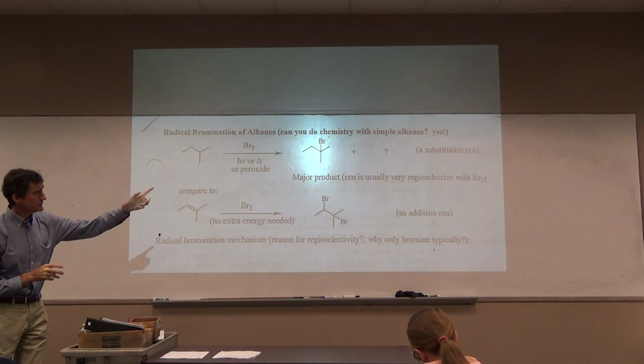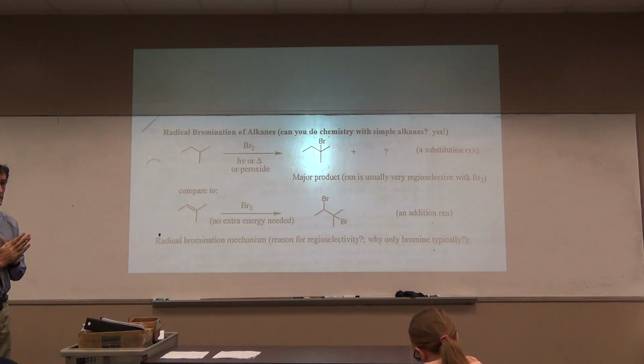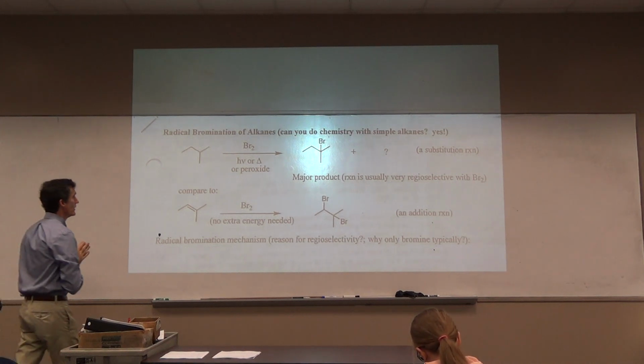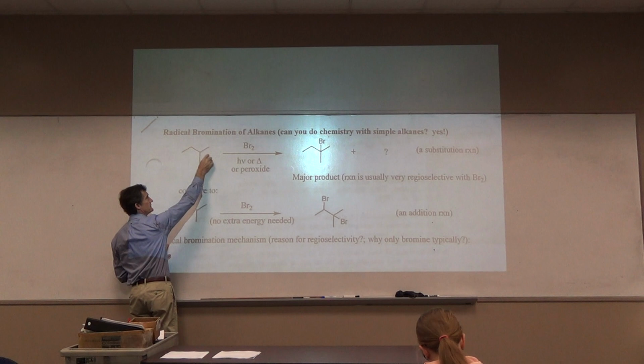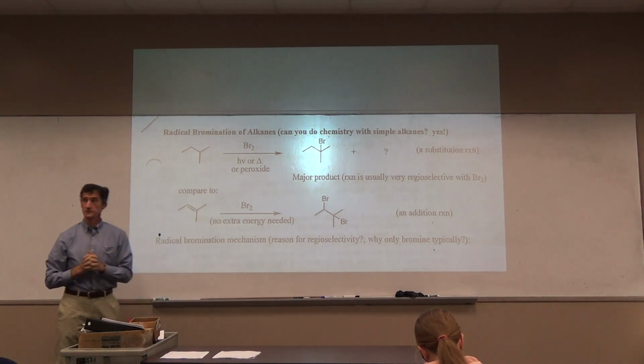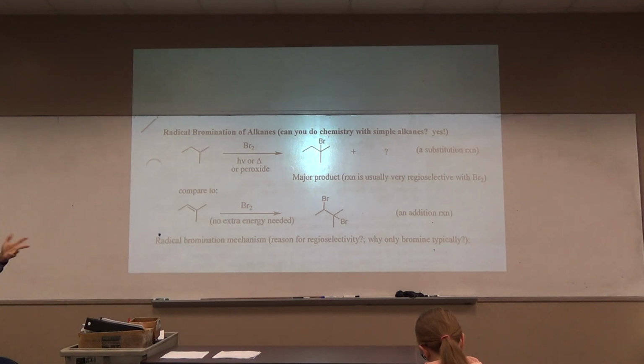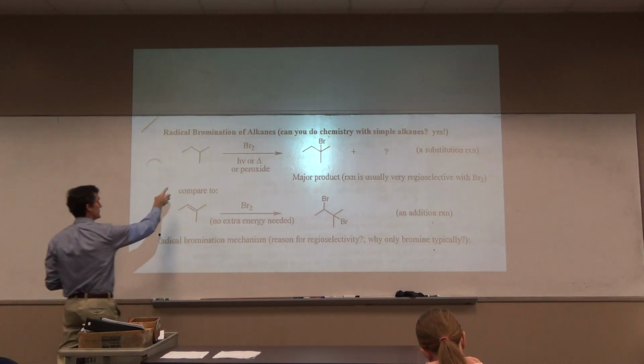This is a substitution reaction. Because what have we done here? We've replaced this hydrogen with a bromine. That's substitution. So it's not addition. We didn't just add bromine. We didn't eliminate anything. We substituted. But it's not an SN1 or SN2 because there's no leaving group here and there's no nucleophile.